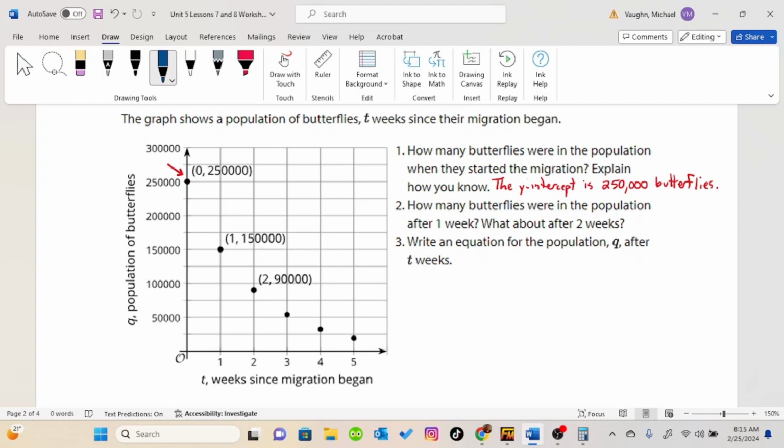Number 2. How many butterflies were in the population after 1 week? What about after 2 weeks? So for number 2, after 1 week, we can find that right here. 1 week equals 150,000 butterflies.